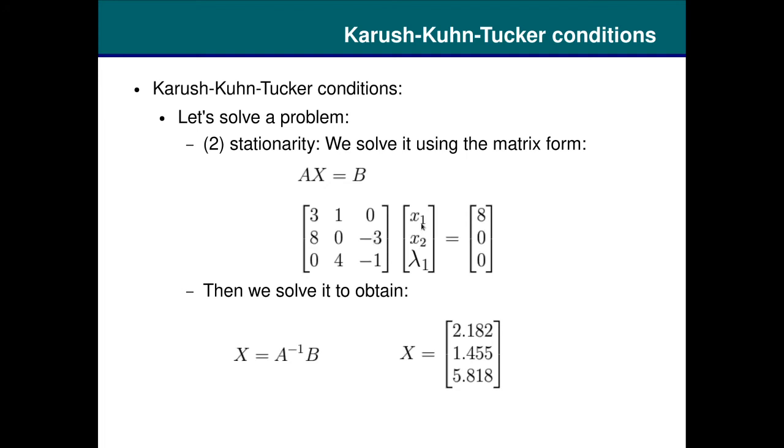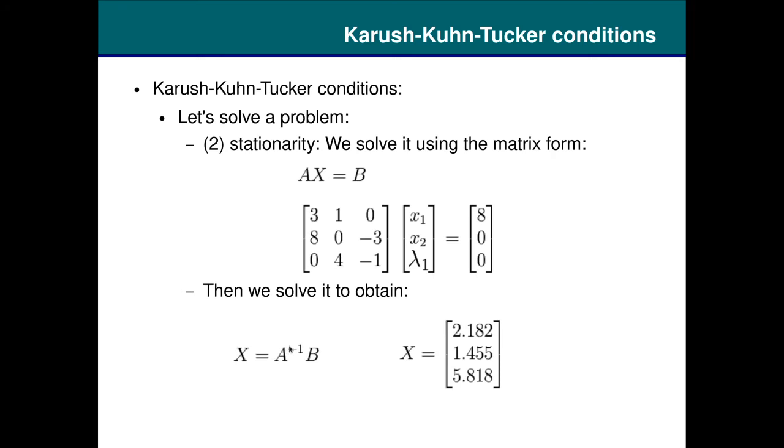To find x1, x2, and lambda 1 for this problem, in which I have this A, my vector x here and my b vector over here, I just have to find my inversion. I have to make x equal to the inverse of A applied to my vector b. This should be lowercase and this should be lowercase. Sorry guys, my bad.